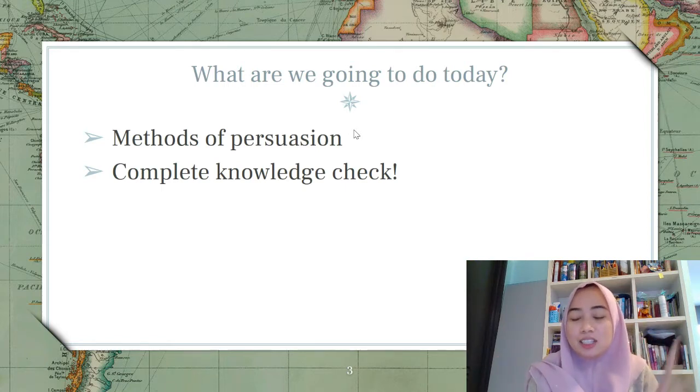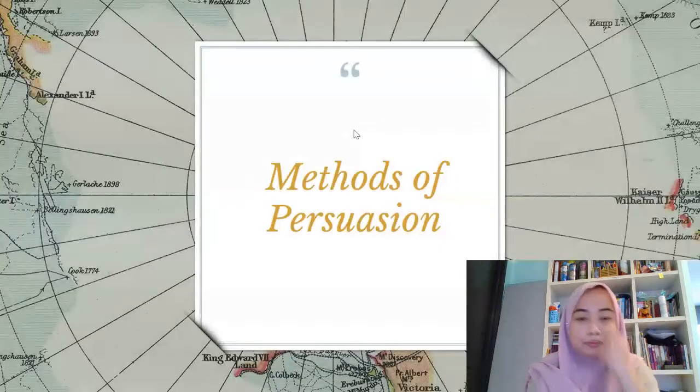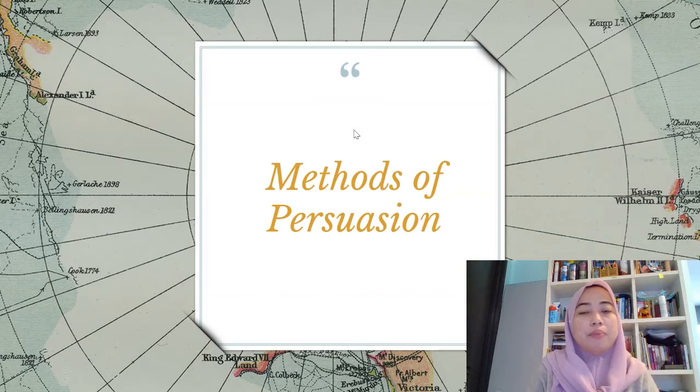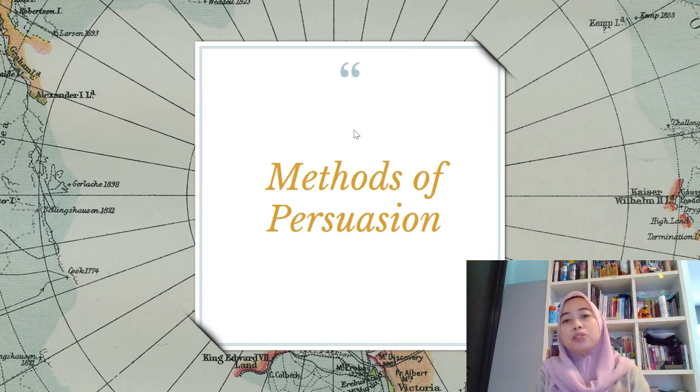All right, so let's get started with our class for today. What we're going to study today is different methods of persuasion. In this COM1108 class, you have learned two different types of speeches: informative speech and persuasive speech.